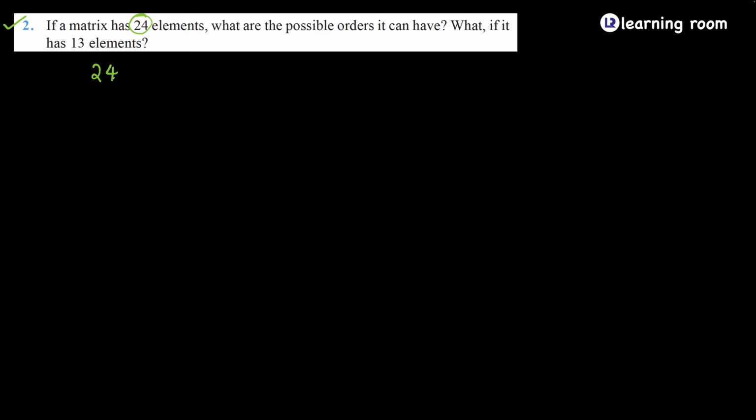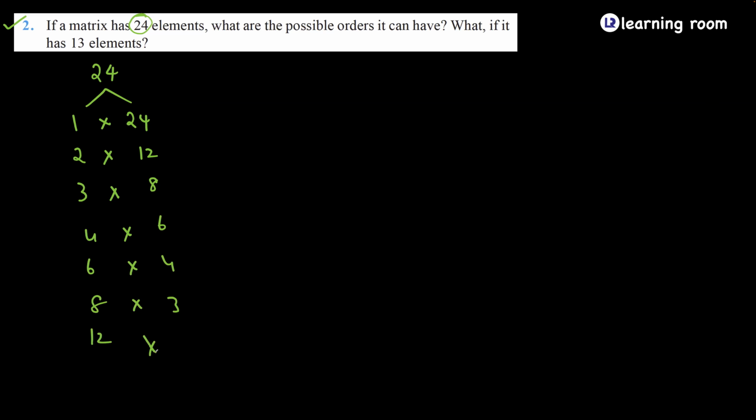So it can be written as a product of prime numbers, right? So it can have the order of 1 cross 24 or 2 cross 12, or 3 cross 8, or 4 cross 6, or it can exactly have the reverse also. So it will have 6 cross 4, 8 cross 3, 12 cross 2, and 24 cross 1.